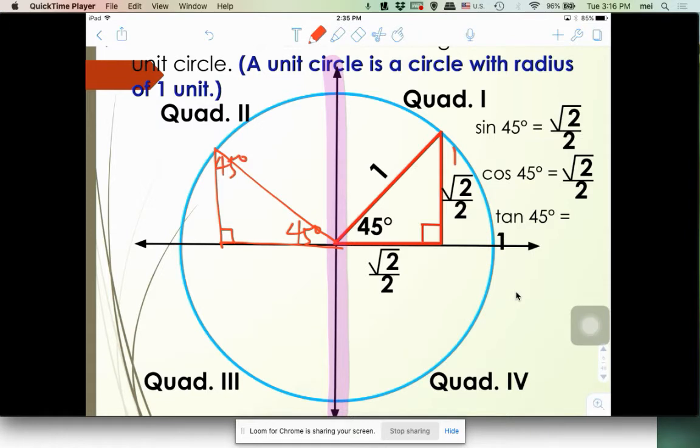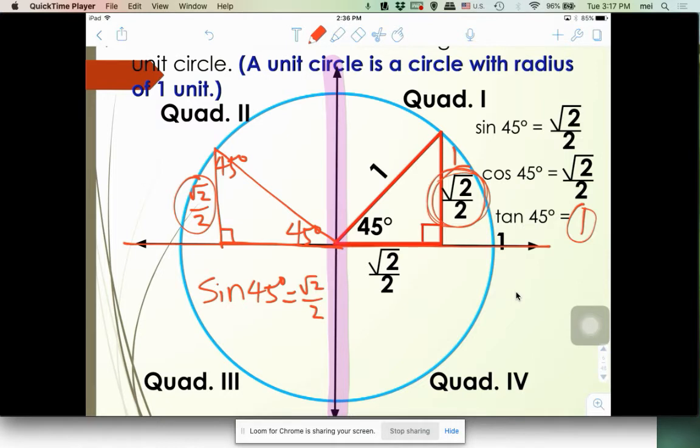And therefore, the coordinates of the different points here are going to be basically the same. The values of sine, cosine, and tangent are not going to change because it's the exact same triangle. So the sine is going to equal radical 2 over 2 because it is still the opposite side over the hypotenuse.